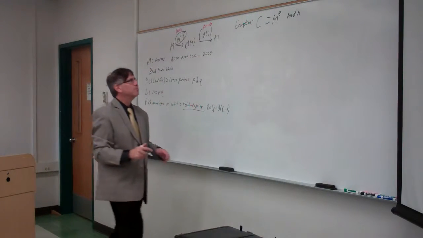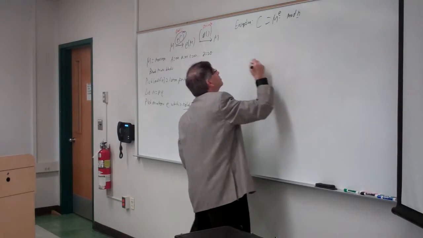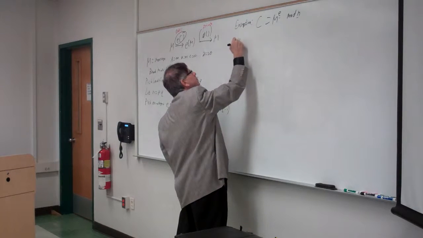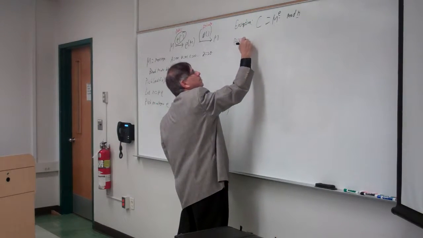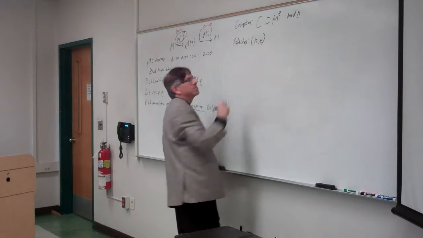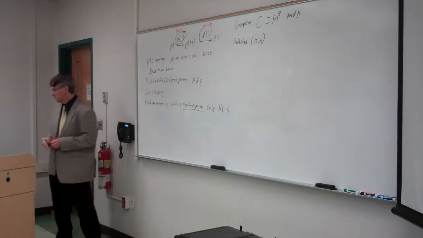To do this, all we need to know is E and N. So your public key is just this pair of integers, N and E.